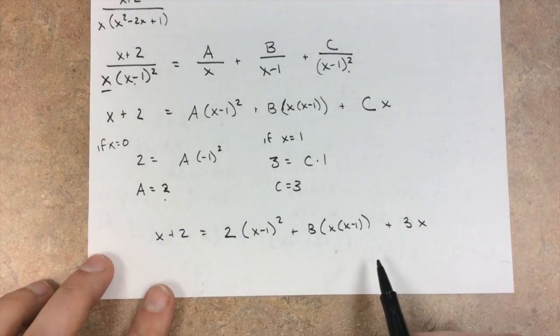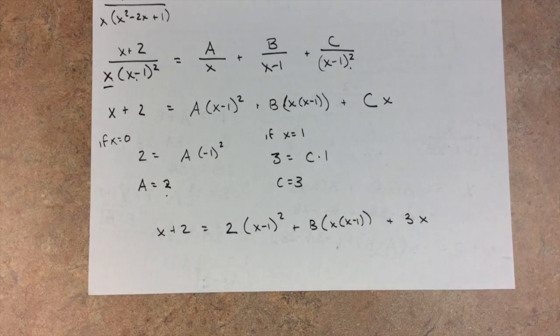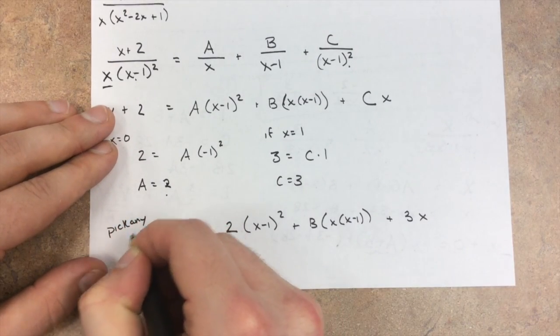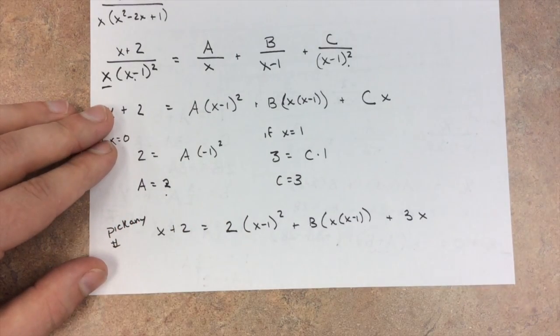That makes our lives a lot easier, and all we have to do is simplify this algebra. To simplify this algebra, all we have to do is pick a number that's not 0 or 1.